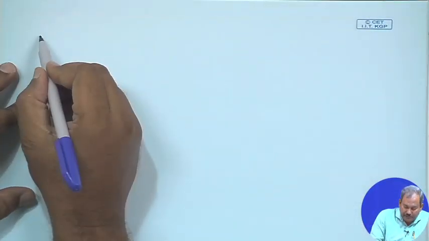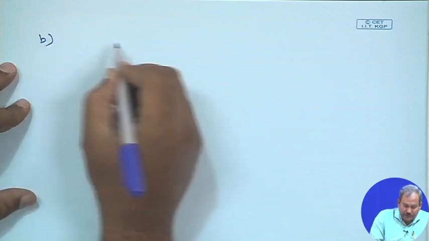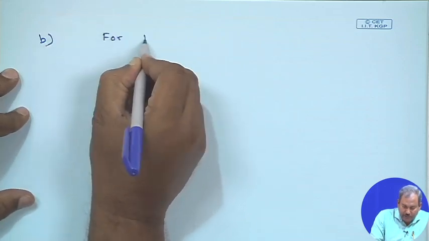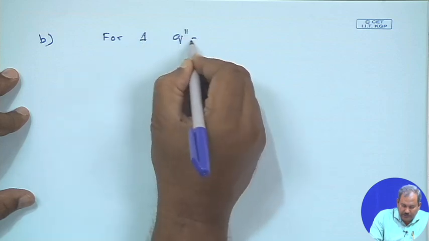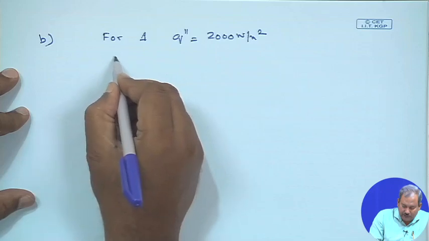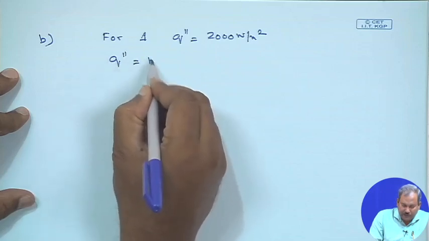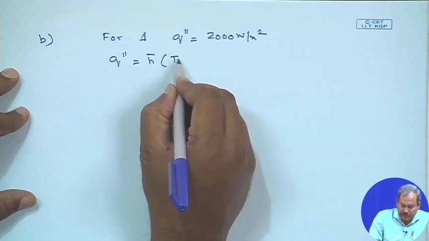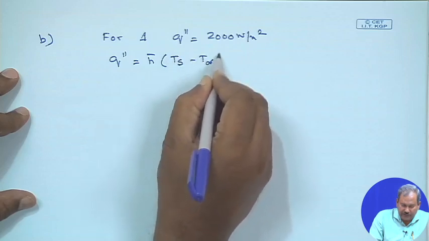So, for this second part, we know that Q double prime is provided as 2000 watt per meter square. We also know from Newton's law of cooling, this is H bar, the average value of the heat transfer coefficient, times T of the surface minus T infinity.